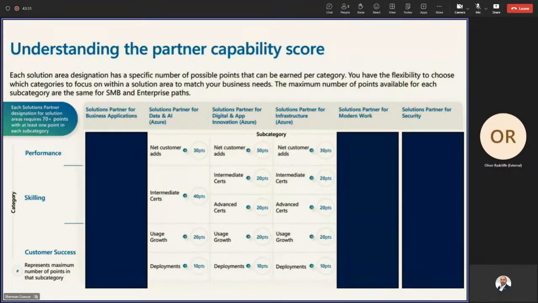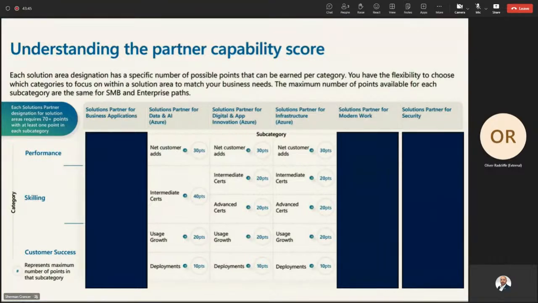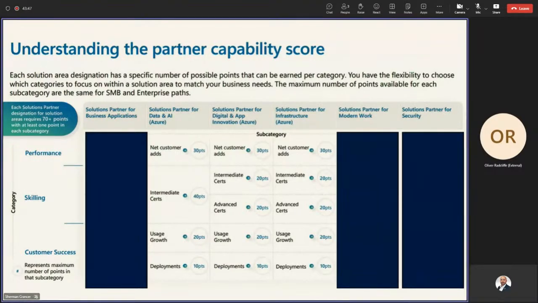Now, if you look at the other two, the nuance here is after you score your intermediate certs, you have to get at least one advanced cert to enable scoring in the skilling component. Okay, let me restate that.